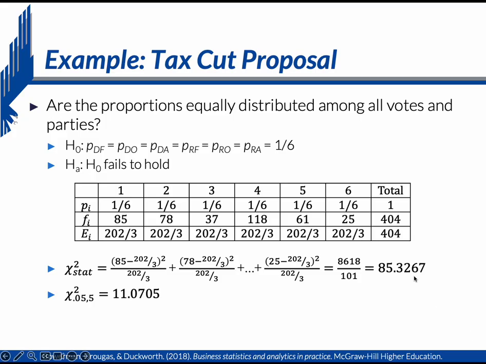And since the test statistic exceeds this critical value, then we can reject the null hypothesis at an alpha of 5%, and therefore we are 95% confident that at least one of these proportions is not equal to 1/6. And therefore, we have strong evidence to support the claim that not all the proportions are equal to each other.